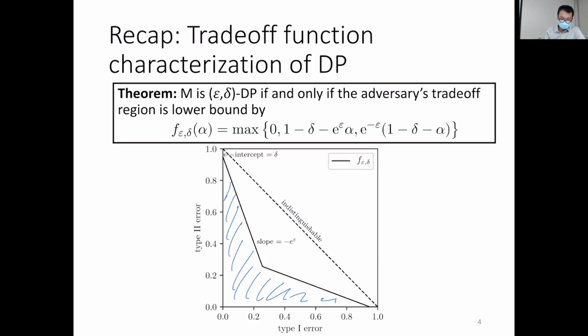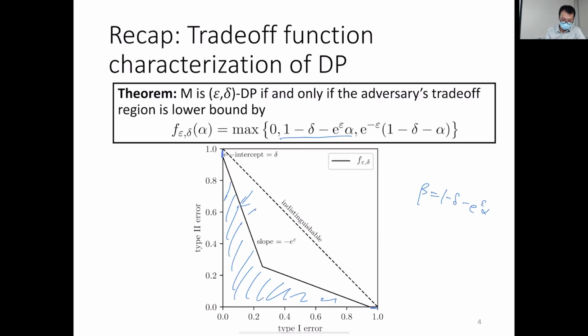This piecewise linear function has four legs. First of all, this is a region where a small probability delta happens, so we simply give up on privacy here, and similarly in this region. This line is described by this linear function: beta is equal to 1 minus delta minus e to the power of epsilon times alpha.